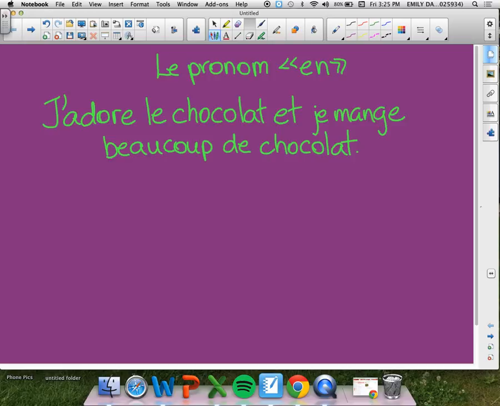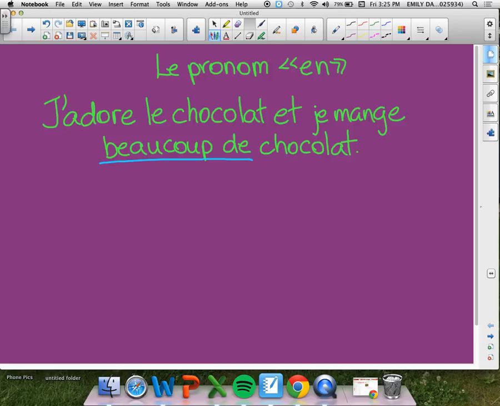It's a little bit repetitive having chocolat in there twice, and so we are now going to be replacing chocolat with the pronom en. And the reason we're going to use en is because of the expression beaucoup de. Beaucoup de is an expression of quantity, and that's what the pronom en replaces, are expressions of quantity.